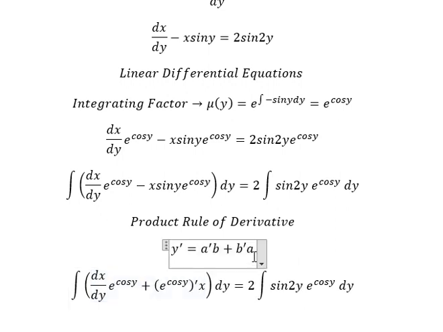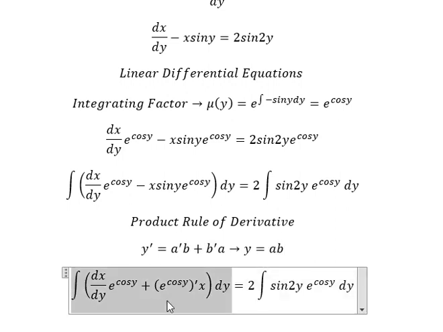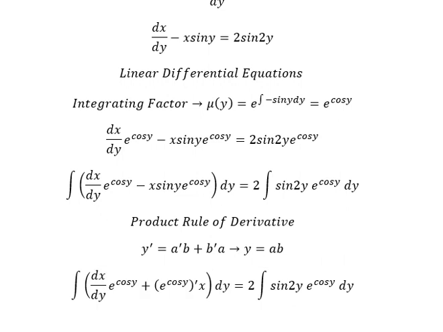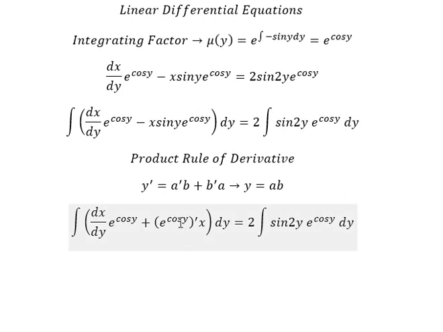So the integration of this one, we have y equals ab. So the integration of that one, we have e to the power of cosine y.